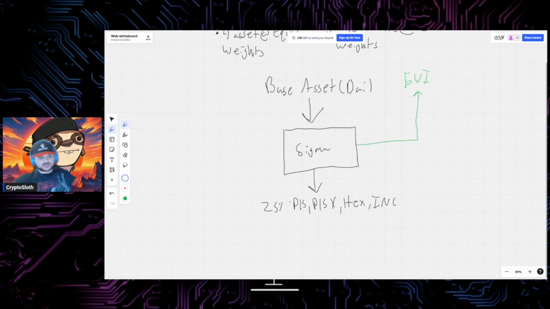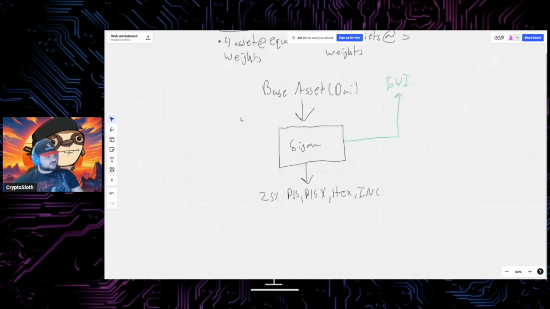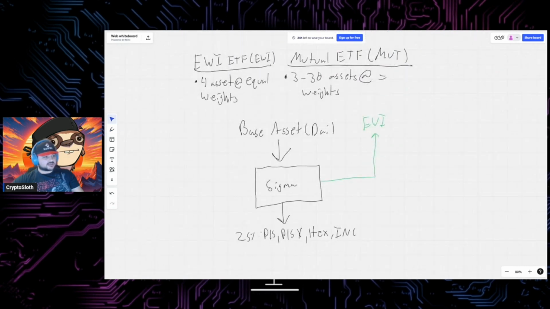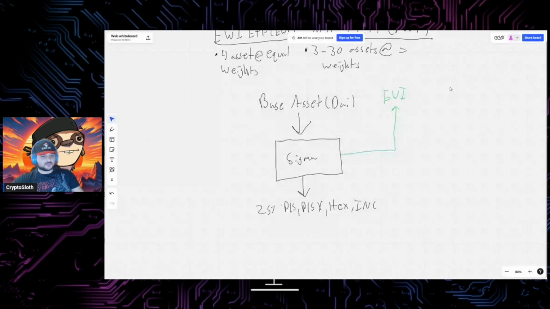What you put in is what you get out, and your share of the total EWI supply is your share of the ownership. You can pretty much exchange EWI for MUT. It's the same mechanics behind both. The only difference is the number of assets backing that ETF. And so your percent of the total supply of EWI or MUT is your percent of the ownership of the underlying ETF.